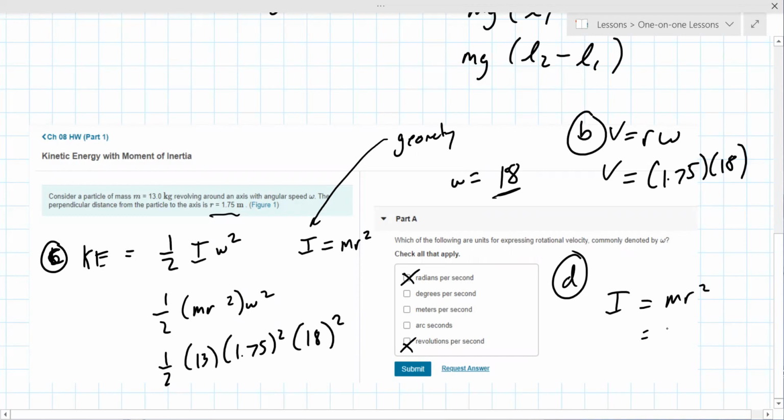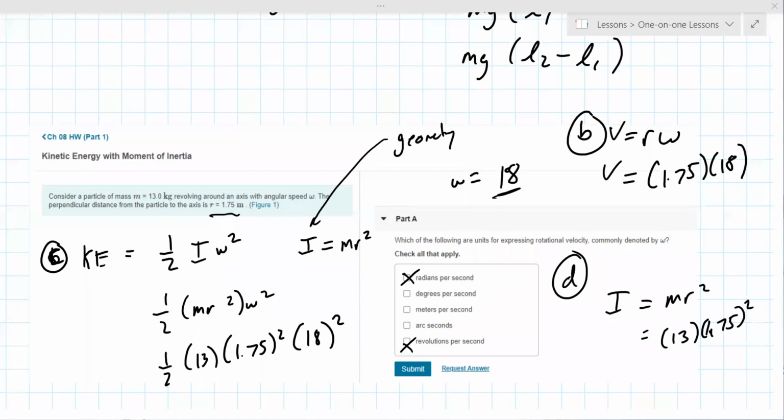So it's 13 times 1.75 squared, 39.8125. That's correct.